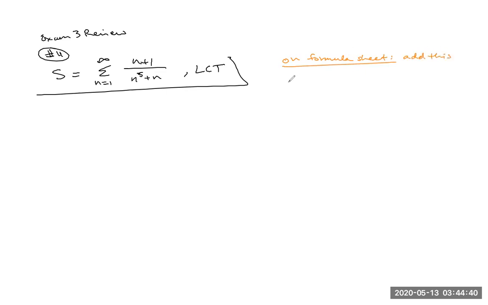Okay. The conditions, essentially what we're going to be doing, we're going to be checking L, which is going to be the limit as n goes to infinity of a sub n over b sub n. And a sub n and b sub n are found similarly to what we did for the DCT case. When you find that limit, there's 3 different results you can get.